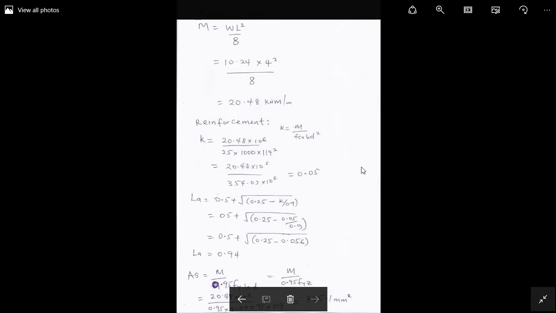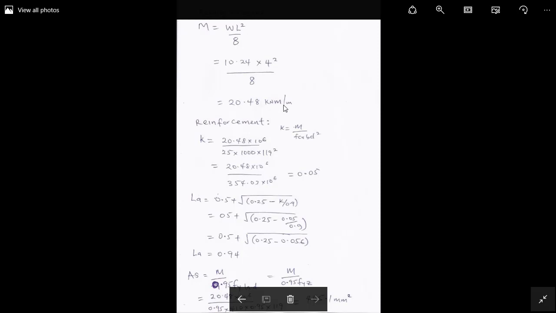So with that, WL square over 8. In later time we will explain further on how this 10.24 came about.